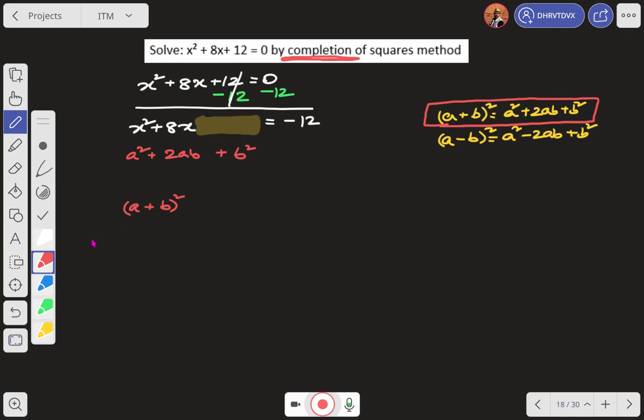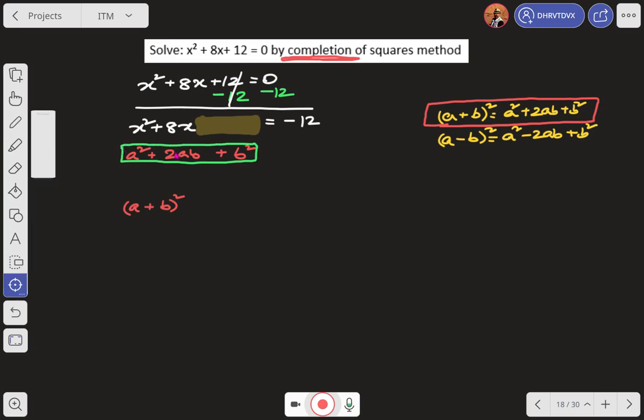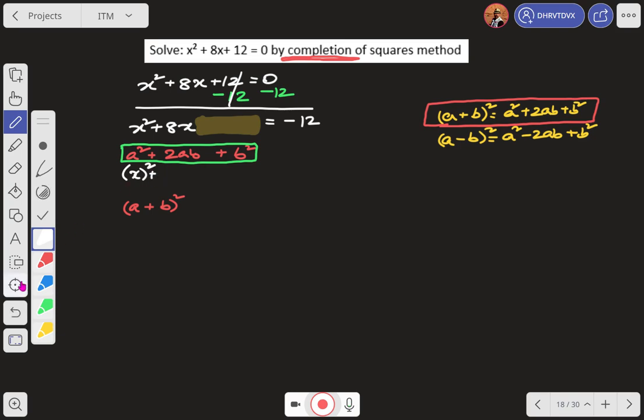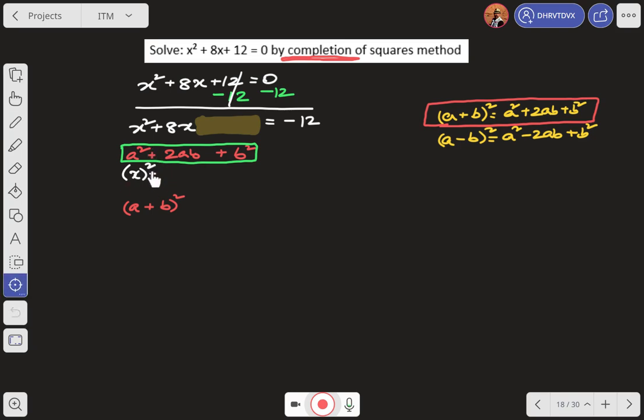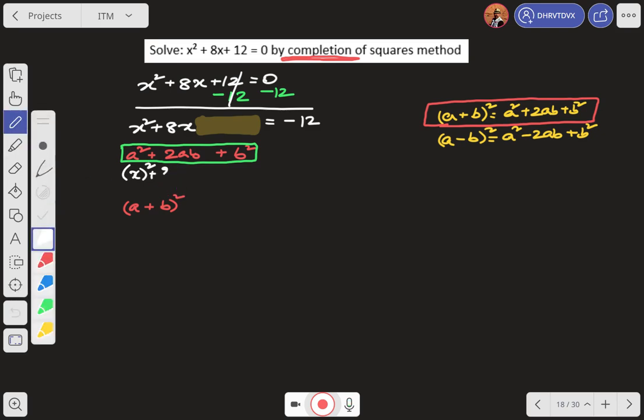Right? So we are taking this rule and trying to compare the given question with this. I see that x square and a square are similar. So let me write x square in parentheses, plus, and let me bring down 2.